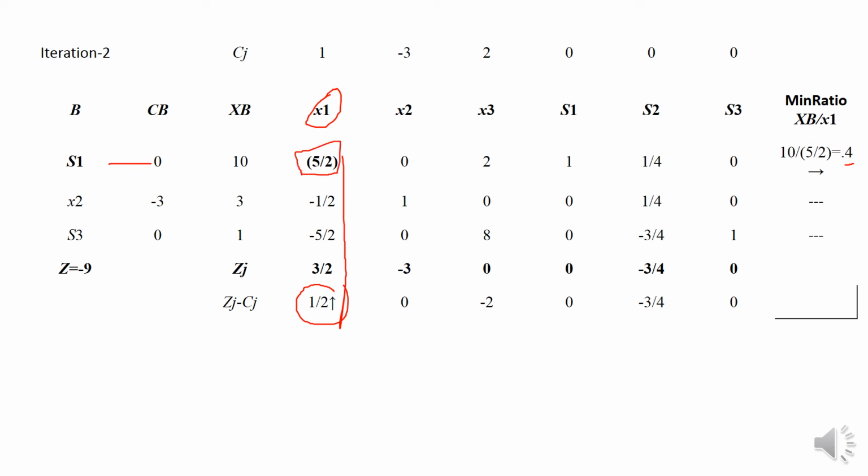We divide the S1 row by 5 by 2 and make it 1, and with the help of the new row we will make these 3 elements 0, and Zj will change accordingly, because in Zj minus Cj we will add Cj and we will get Zj. So for each row the corresponding elements have been calculated.